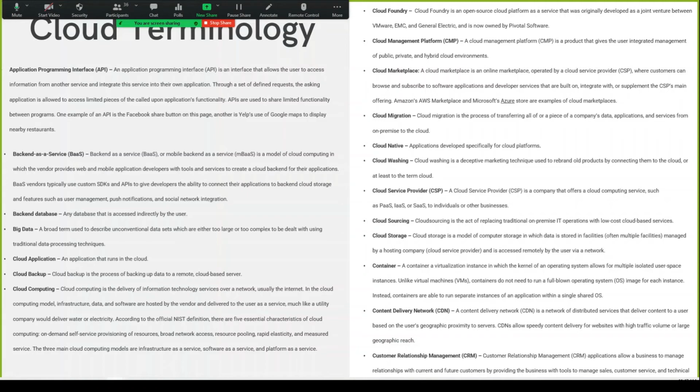So what is this cloud washing? Cloud washing is a deceptive marketing technique used to rebrand old products by connecting them to the cloud, or at least to the term cloud. MySQL, Oracle, which have the on-prem version, are now coming to the cloud, as the enterprise version of these applications.